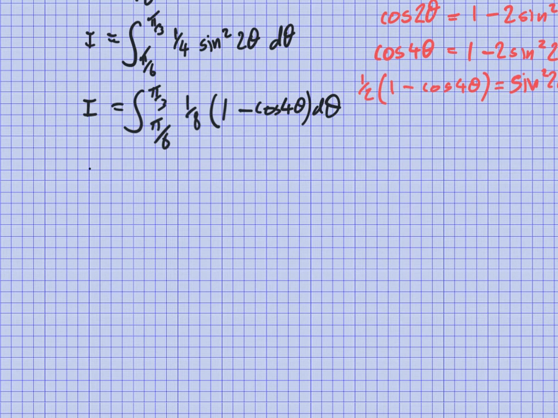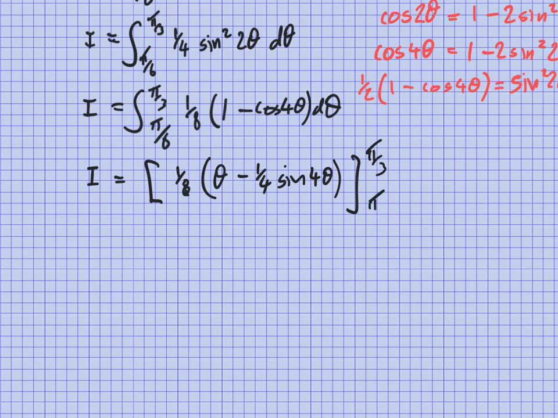So if I integrate now, I get I equals square brackets because we've done the integrating, 1/8 of theta minus a quarter sine 4 theta using the standard patterns, and that is between pi by 3 and pi by 6.